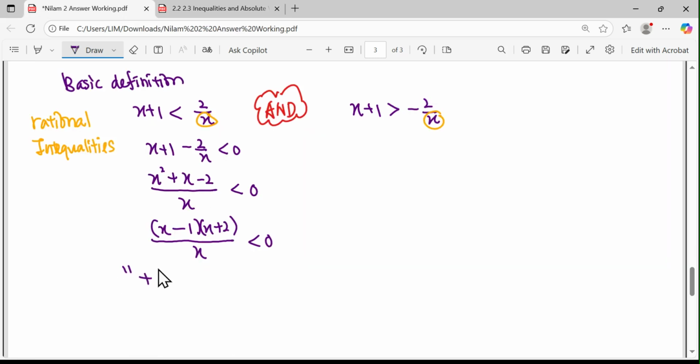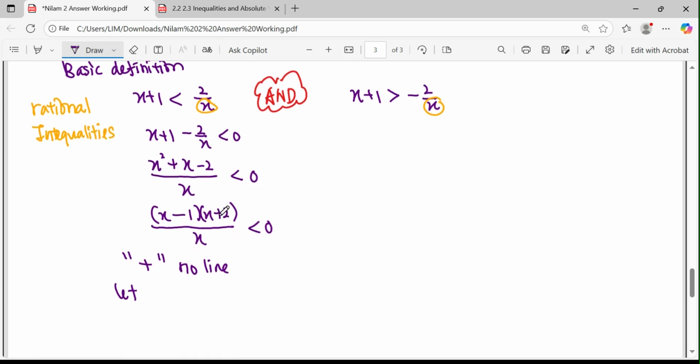So the right method to solve these rational inequalities is positive number line, letting all the factors. Bear in mind, all the factors, not all the equation, not all the denominator or numerator. Numerator here got 2 factors. So let one by one be positive. Let another factor be positive.